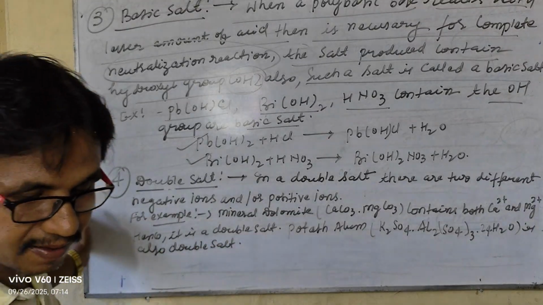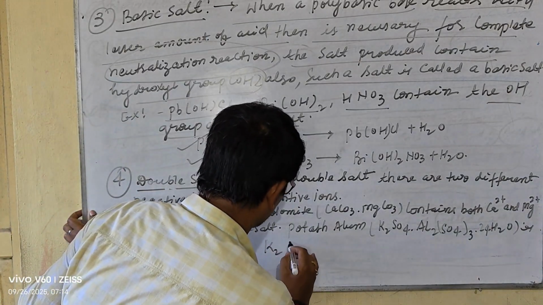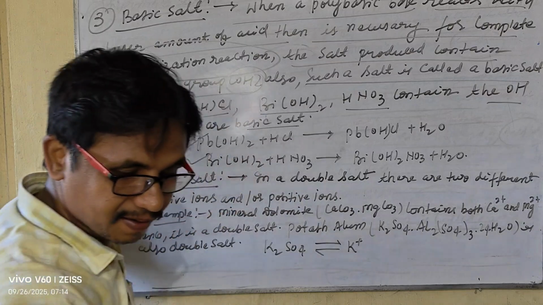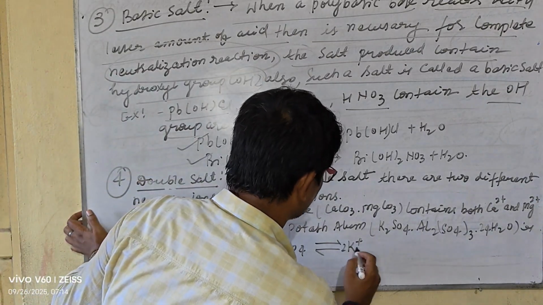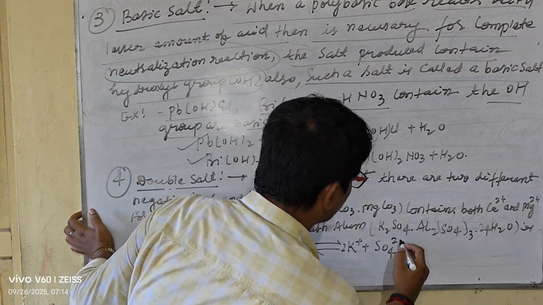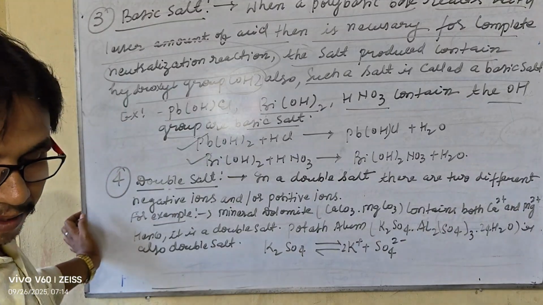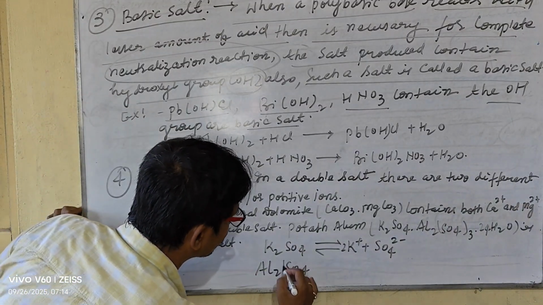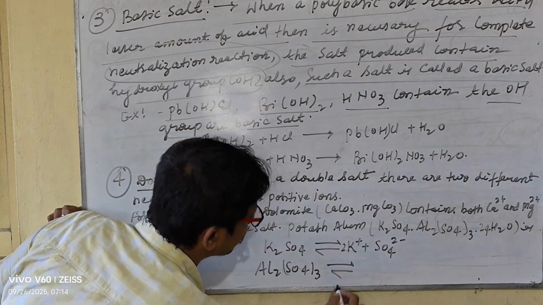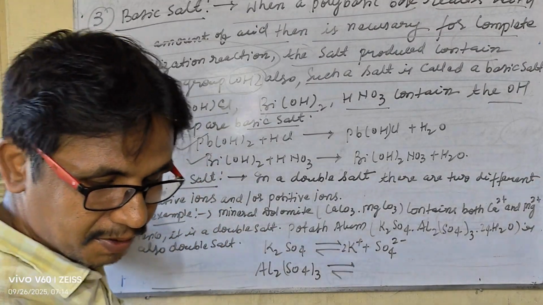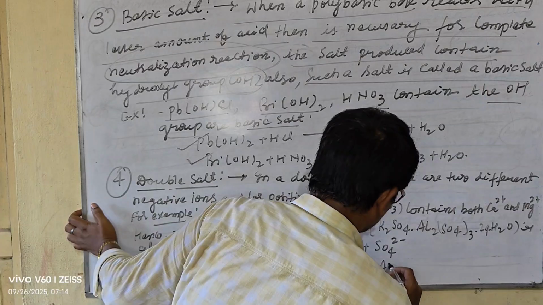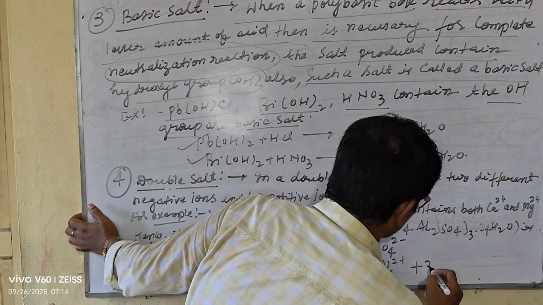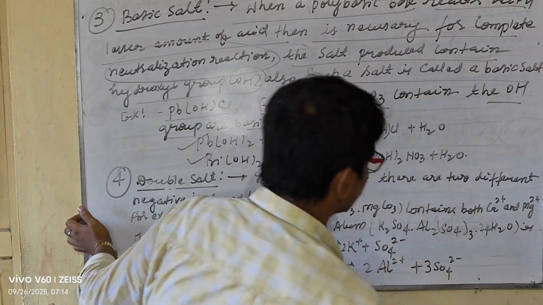The reaction is K2SO4 giving K+ and SO4 2-, and Al2(SO4)3 also dissociates to give 2Al3+ and 3SO4 2-.